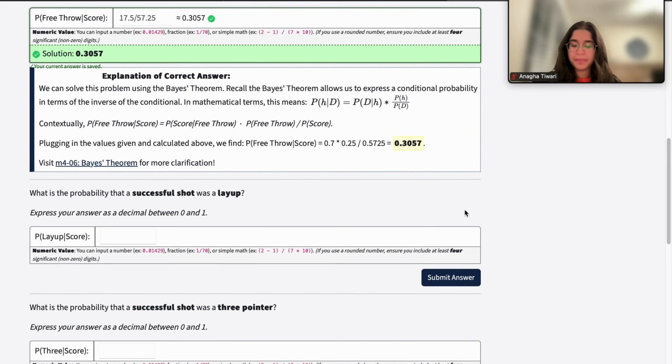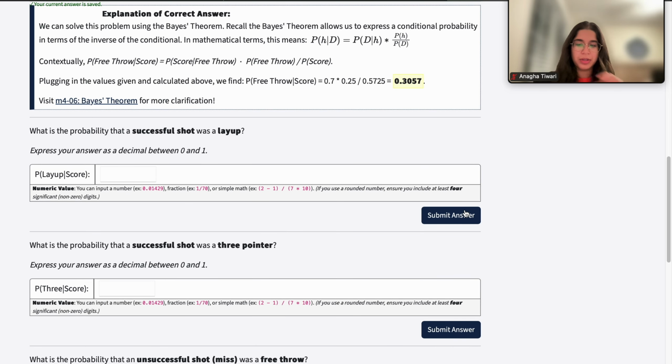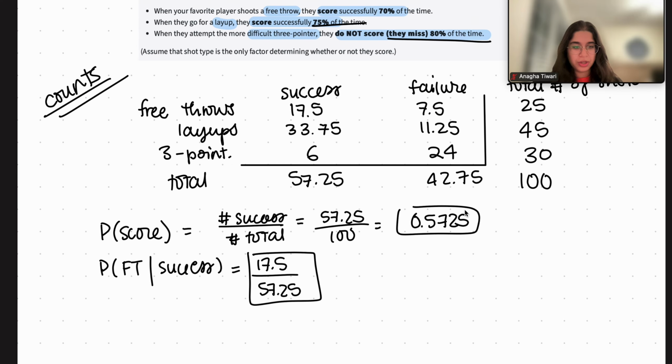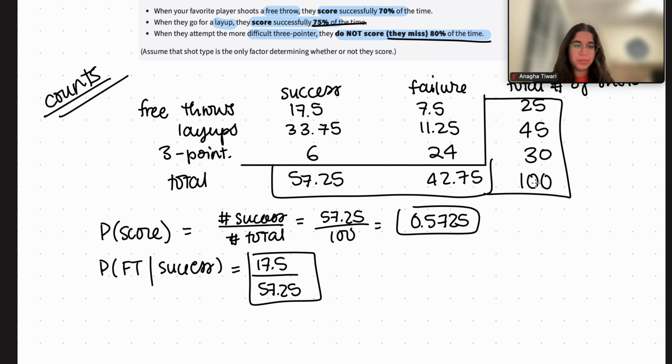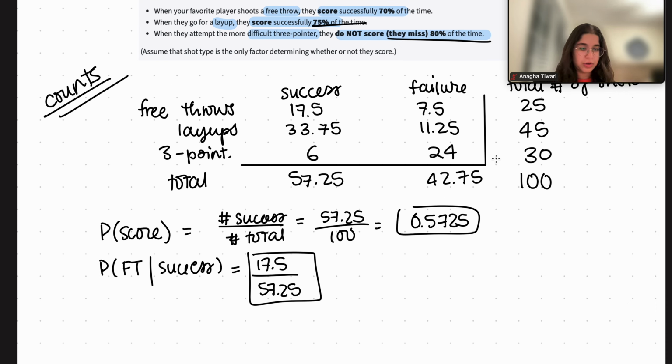And that's correct. So now, all of these questions are very similar, right? Because these are conditional probabilities, you don't want to look at the overall total. You want to look at the total of the condition that you are given. Since we are given successes, or whatever we are given, we want to look at that marginal total, which is in these margins here. We don't want to look at the grand total because we're dealing with a condition. So look at the total for that specific condition and then find whatever probability we want.